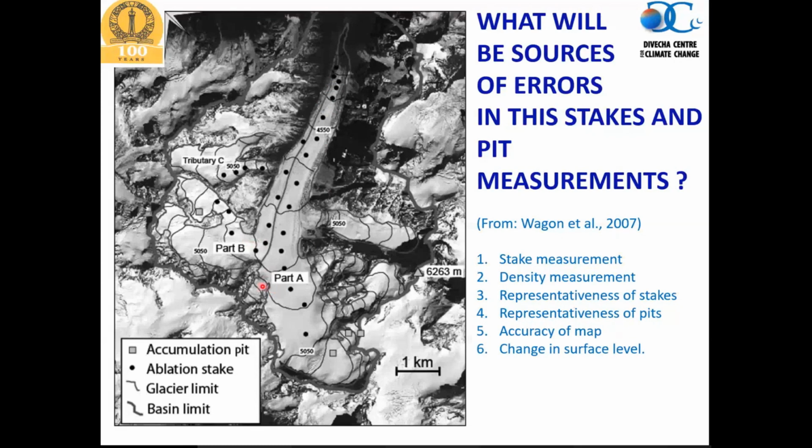You also go into the accumulation area. Over here you can see a square. You make a pit. That means you dig the snowpack and make a pit of snow, and then you measure the thickness of snow. At different intervals, you measure the density, so you get the total mass of ice.